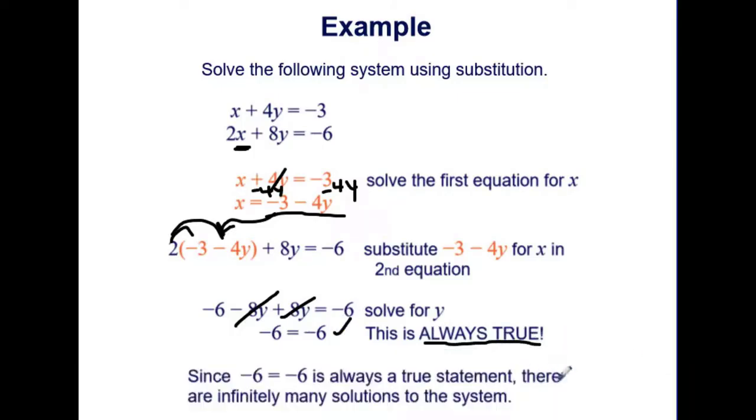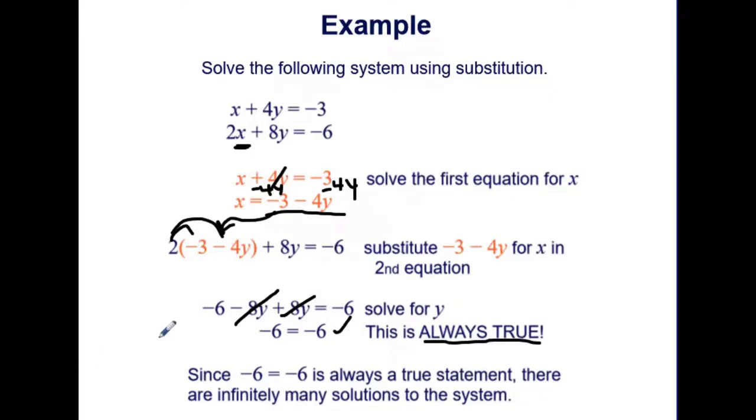So since negative 6 equals negative 6 is always a true statement, there are infinitely many solutions to the system. So we can conclude that anytime the variable disappears or cancels out and we're left with a true statement, the answer will be infinitely many solutions. We now have these two special cases when trying to solve using substitution.